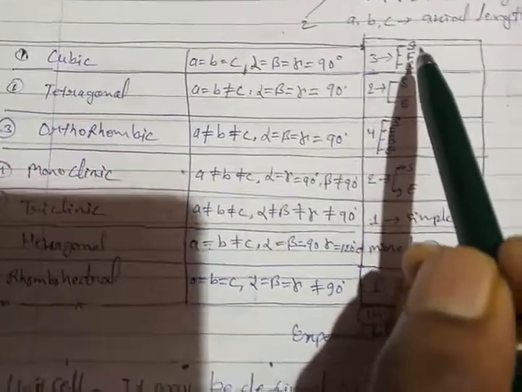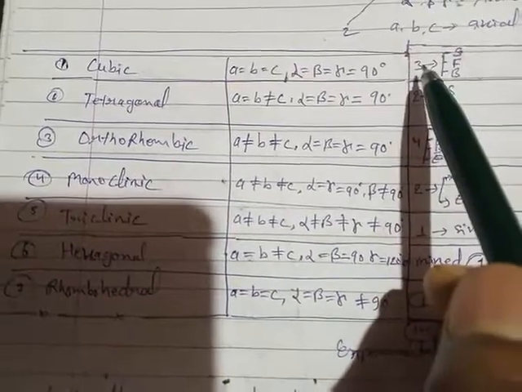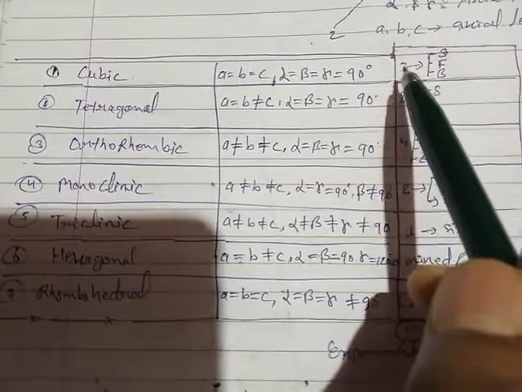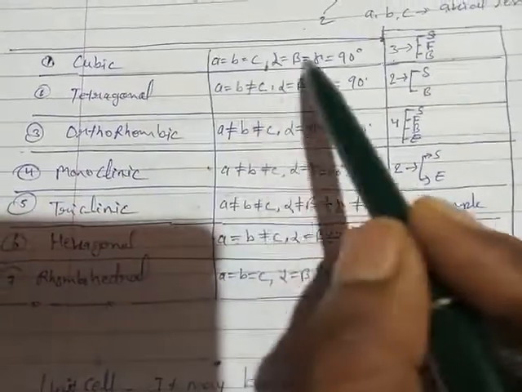So all three types of cube can be seen there: simple, FCC, BCC. Means three types of unit cell can be used to make the cubic. To form the cube we require three types of unit cell: simple, BCC and FCC.